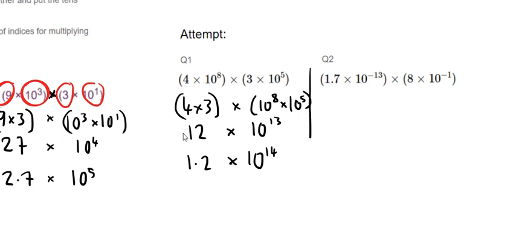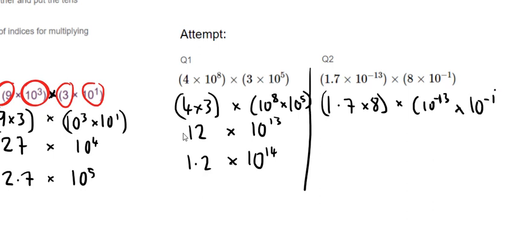My second question, I have to do 1.7 times 8, and then 10 to the power of minus 13 times 10 to the power of minus 1. So 1.7 times 8 first of all.